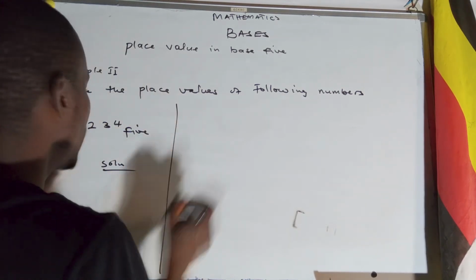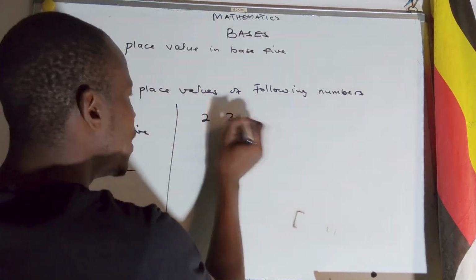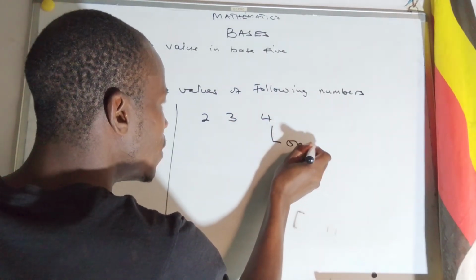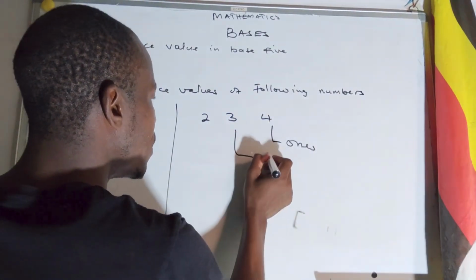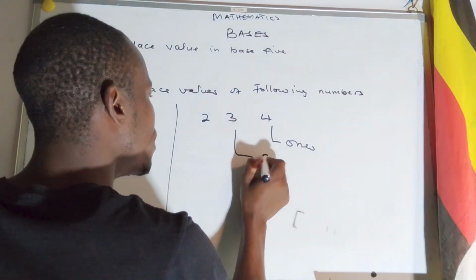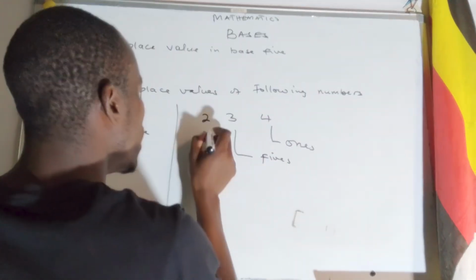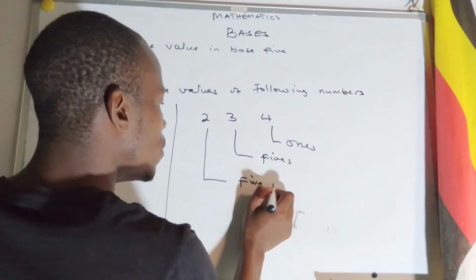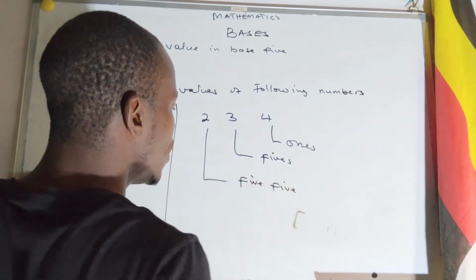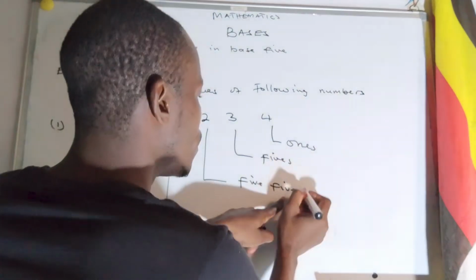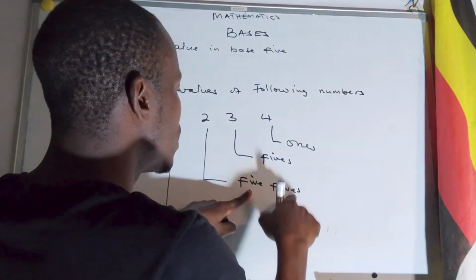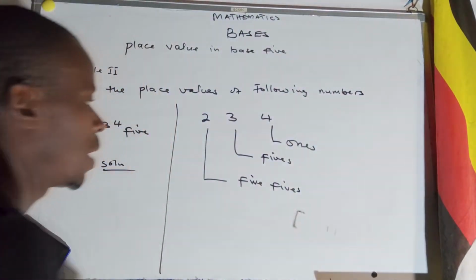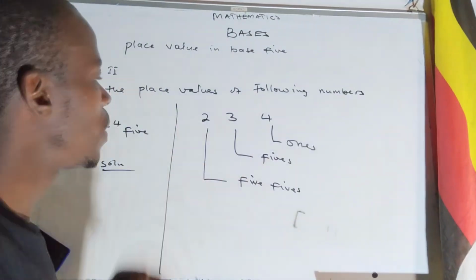So you come here and write 2 3 4. Then the first digit we give them 1s. The second digit you give it 5s. The third one we give 5 5s. I told you when you write 5 5s it means 5 times 5. This one means 5. This one means 1. As simple as that. That's how we look place values.